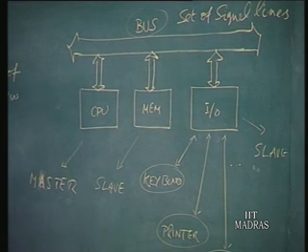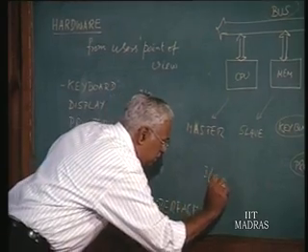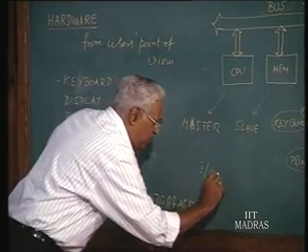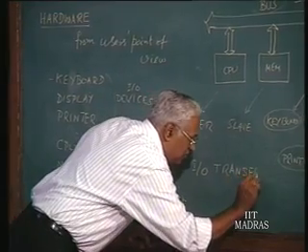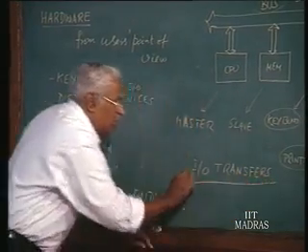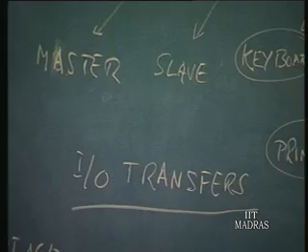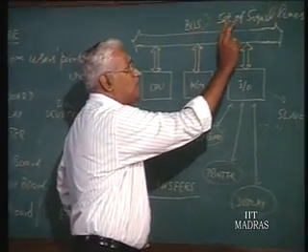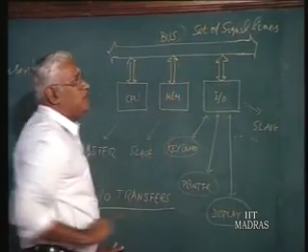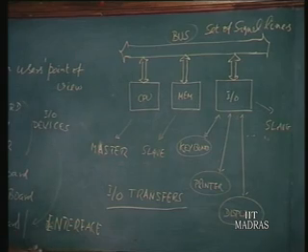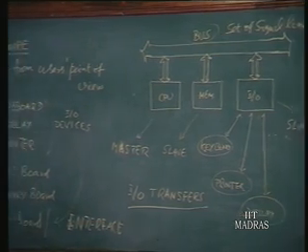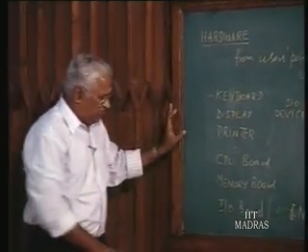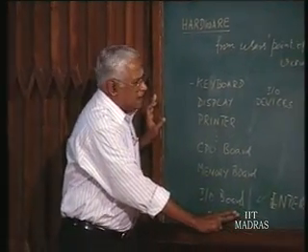Now, these are the different I/O transfers, which may take place making use of what we call the protocol of the signals which are defined for these lines or the bus. Okay. Good. Now, let us go back to these interface boards.